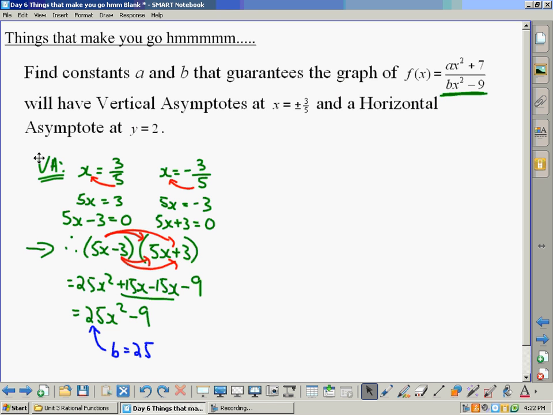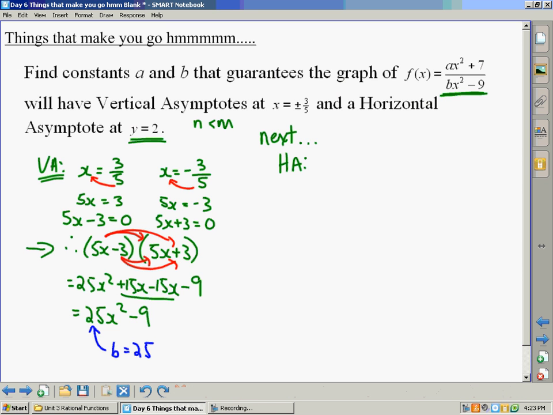Next, let's consider what the horizontal asymptote must be. We know that the horizontal asymptote is at y equals 2. So n couldn't be less than m, because that's when you get an asymptote at y equals 0.